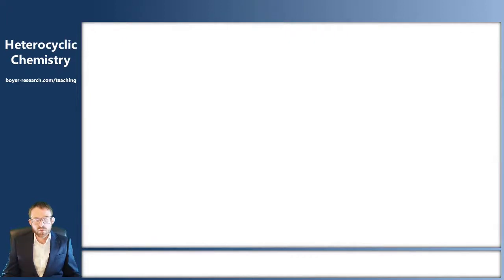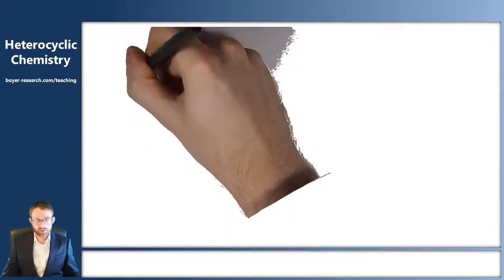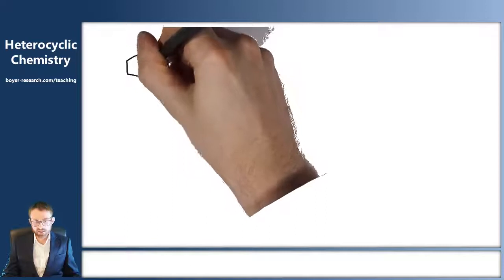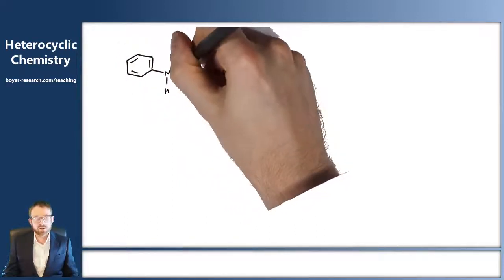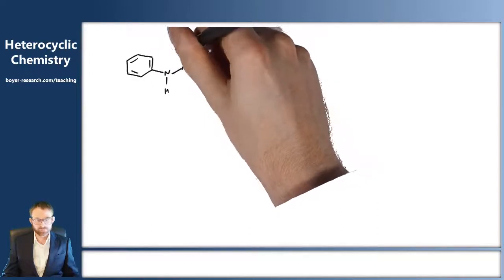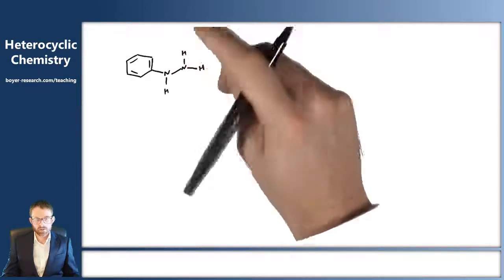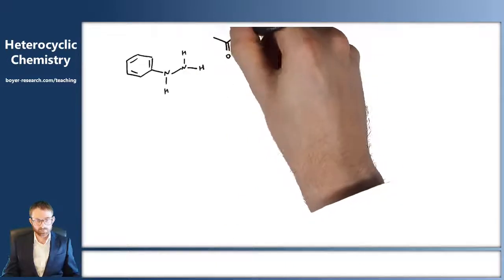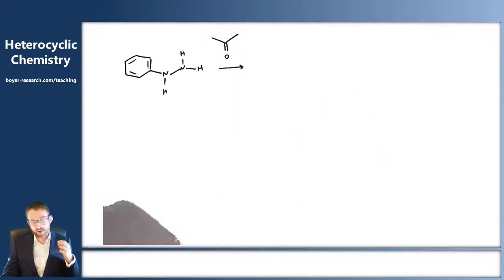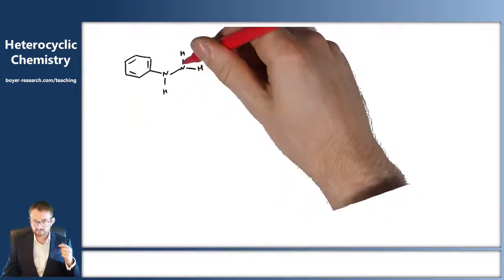So if we look at this in more detail, we start off with our aromatic hydrazine. That's an aromatic ring with a single bond to a nitrogen, another single bond to a nitrogen, and a ketone. Hydrazines react very rapidly with carbonyls.